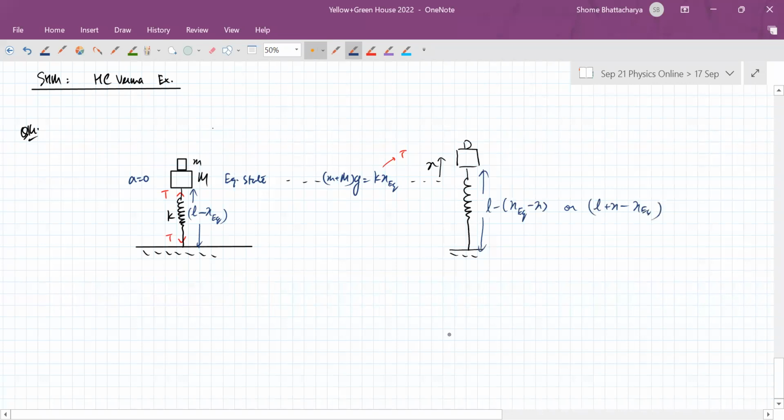This will be the state of the spring. So if here the tension was T_E, now in this diagram the tension would have changed. Let's say T, and also this would have a downward acceleration. So we'll see that (M plus m)g minus T is equal to (M plus m)a. So (M plus m)g minus, now what is the compression of the spring in this diagram? It is the equilibrium state minus x.